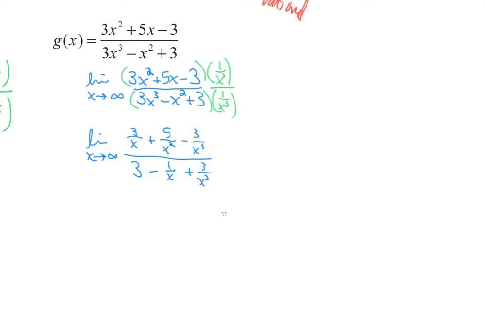So what we end up with is 0 plus 0 minus 0 over 3 minus 0 plus 0. So our final answer is 0 for the limit, but I shouldn't box that yet because that's not what the current problem is asking. It's asking for asymptotes. Okay, so my final answer should be y equals 0.